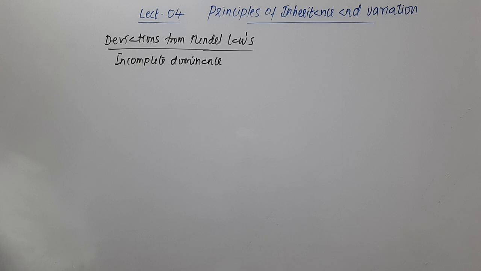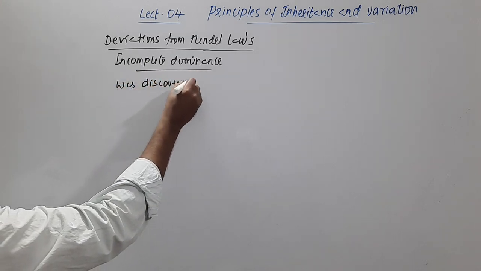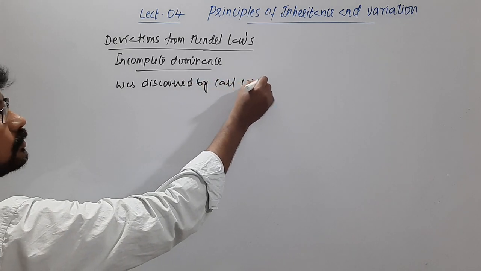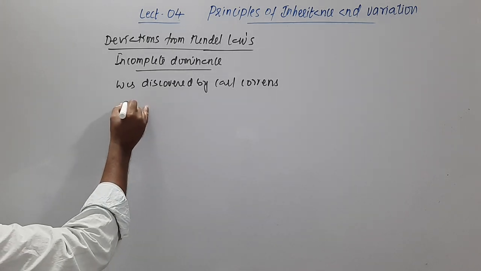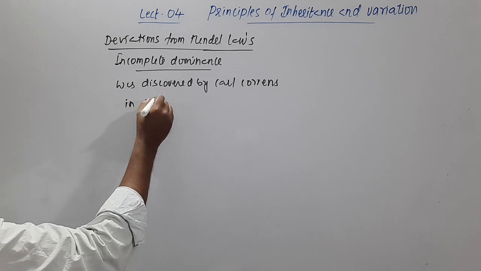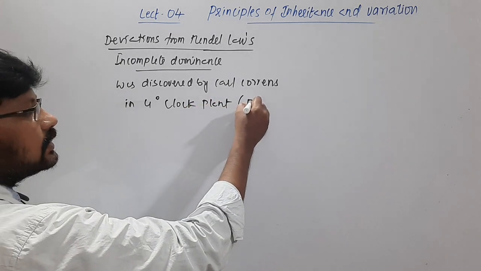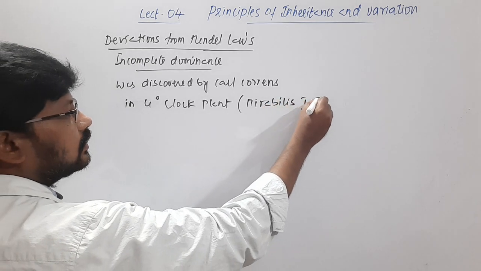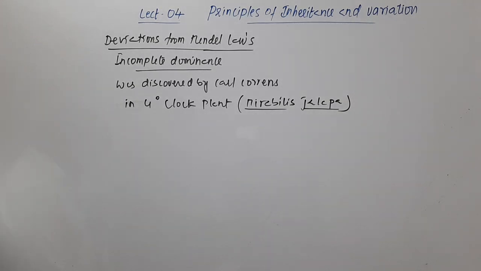This incomplete dominance was discovered by Carl Correns when he was doing experiments on four o'clock plant, whose scientific name is Mirabilis jalapa.